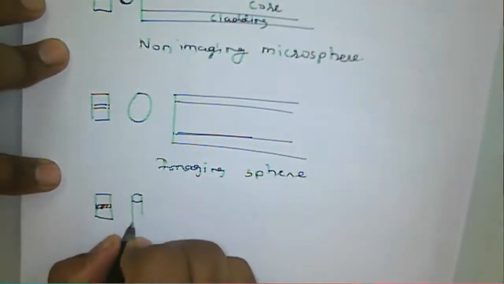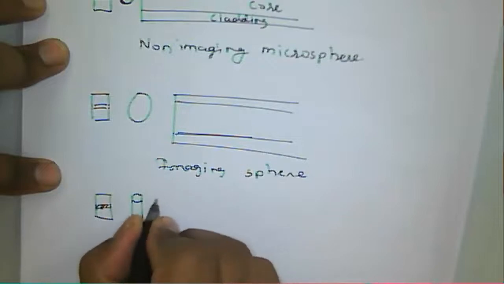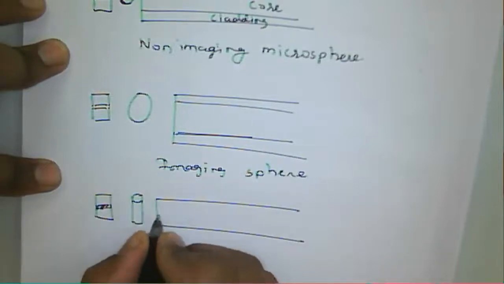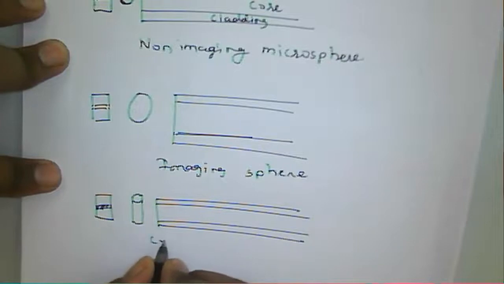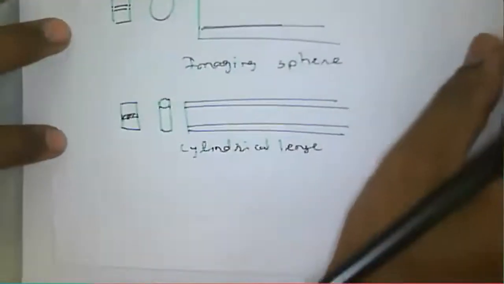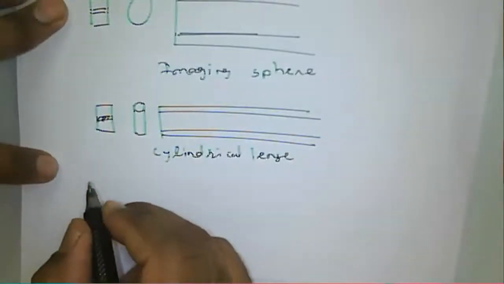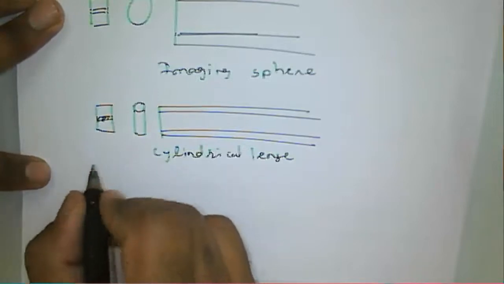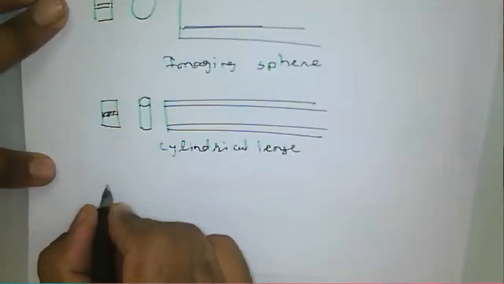Another is a cylindrical lens. Okay, this one is a cylindrical lens. Then we have a spherical surface LED.